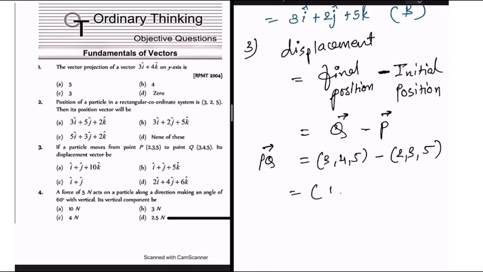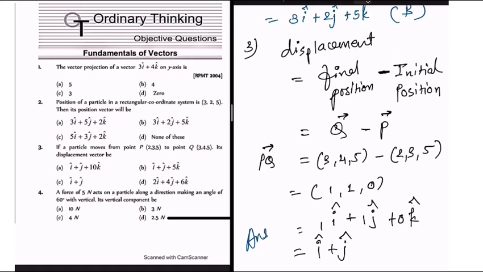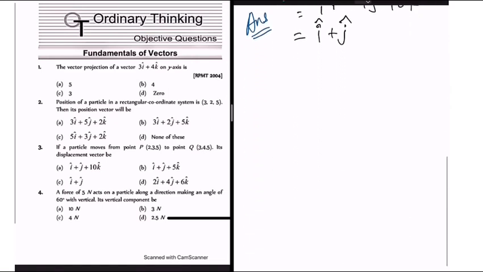Your answer is 1, 1, 0, which can be written as 1i cap plus 1j cap plus 0k cap. That can be written as i cap plus j cap. So C is your answer.